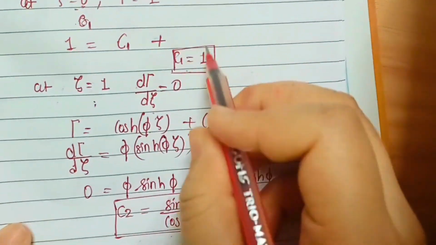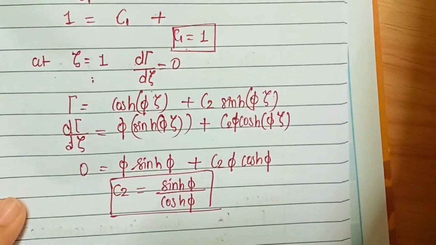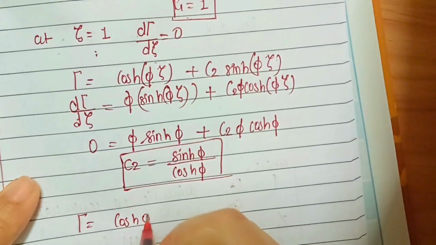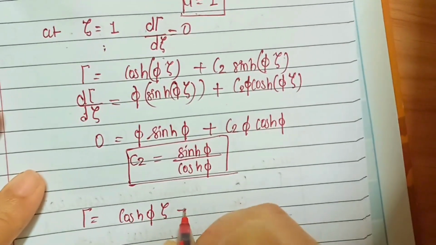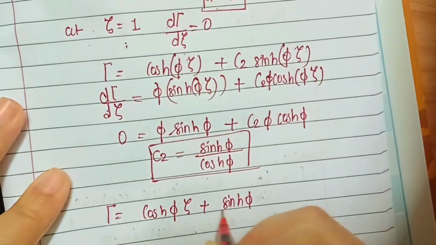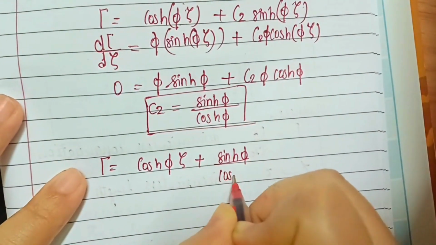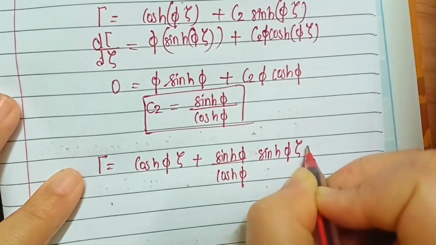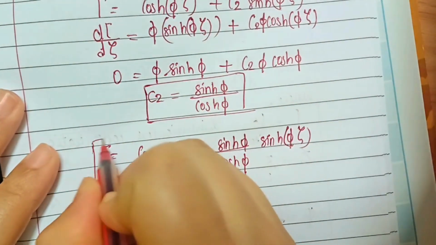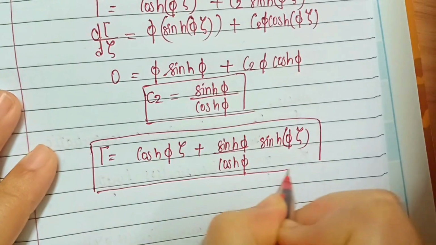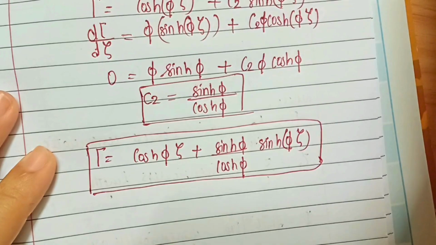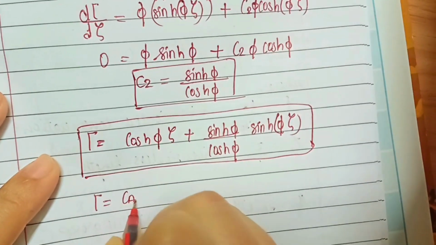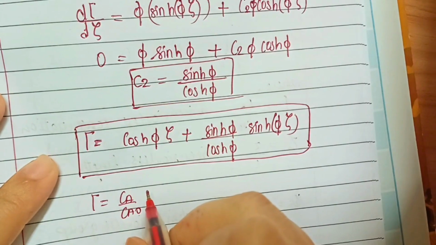We will put these two constants in our equation. So gamma equals cosh(phi zeta) plus sinh phi upon cosh phi into sinh(phi zeta). So this is the final equation which we get after putting the boundary conditions. Now we know that gamma equals Ca upon Ca naught, which is the dimensionless concentration.